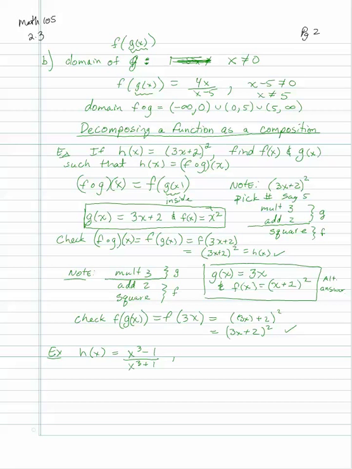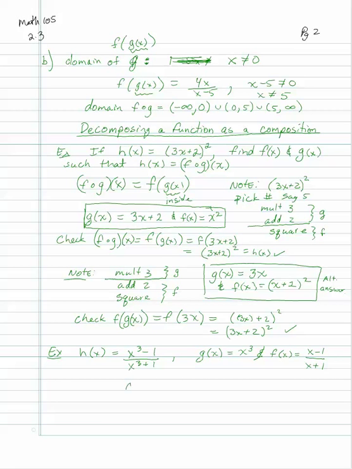So if you let g of x be that x cubed, and see that this is going to work because both the top and bottom have the x cubed, I can let that be my g of x, and then my f of x is going to be, okay, so now wherever you see the x cubed, reset that as x. So that's going to be x minus 1 over x plus 1.